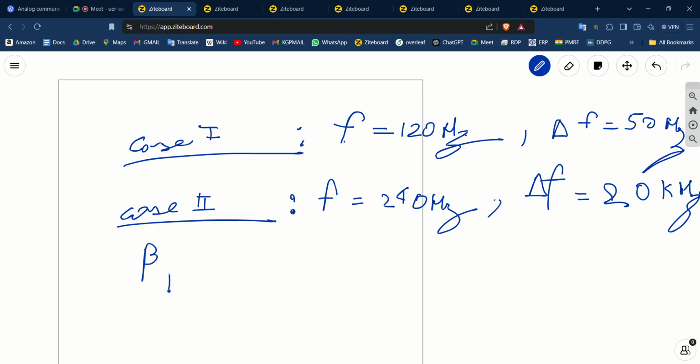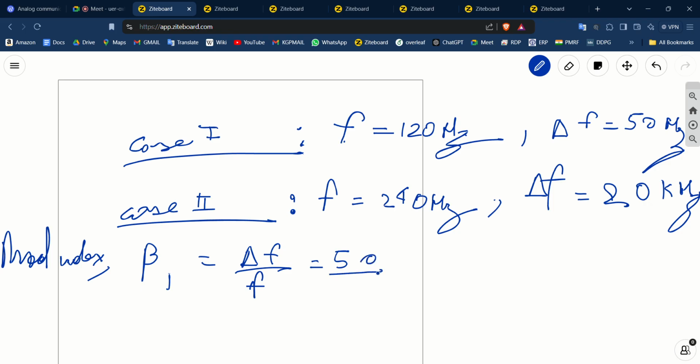For the first case, the modulation index beta 1 is equal to delta f by f, which is 50 by 120.